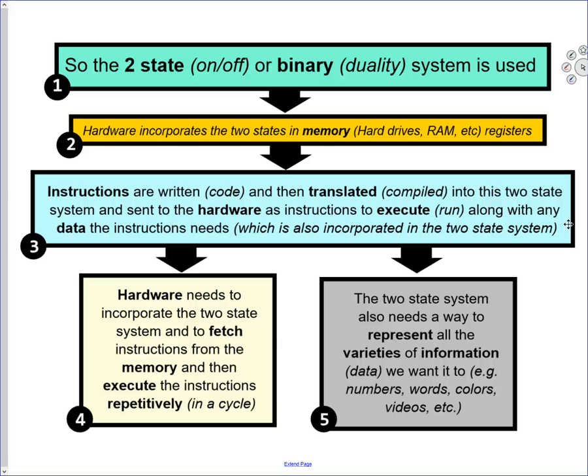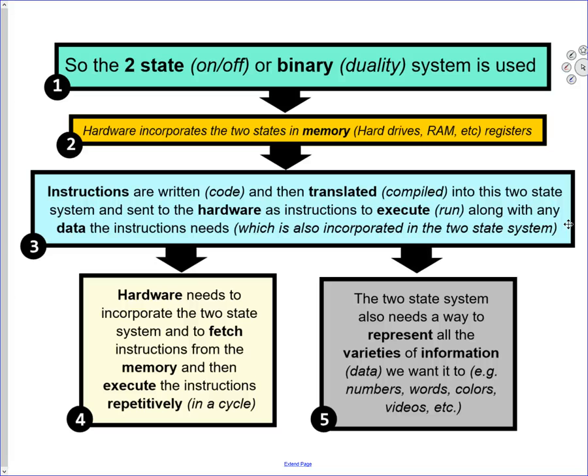Okay. If you remember, we are dealing with a two-state binary dual system. The hardware incorporates this, but we're not really talking about the hardware here. Code is translated into this two-state system, and then the hardware executes it. What needs to be translated is the data, which are the code, your instructions, as well as the data that your code needs.